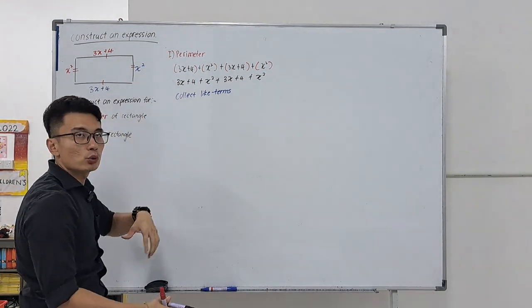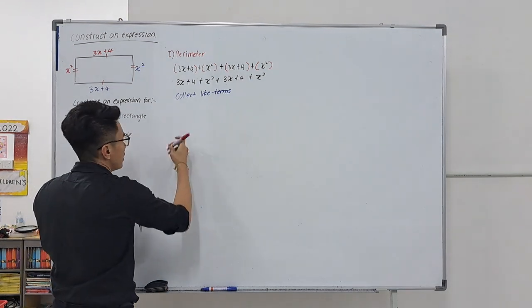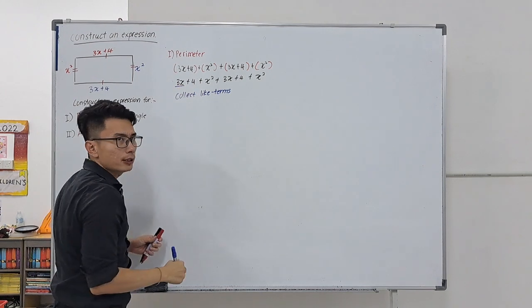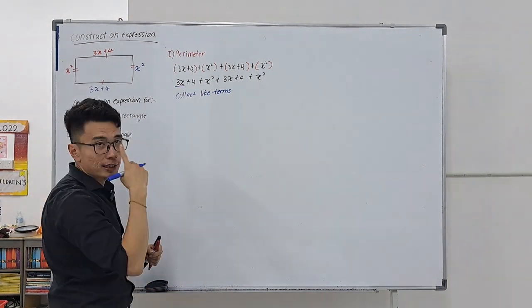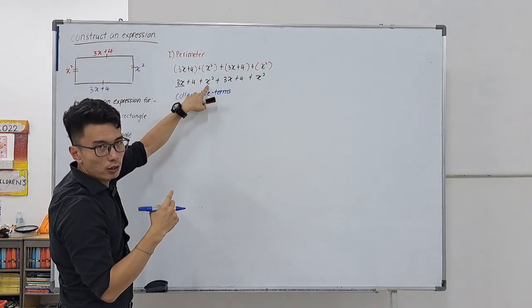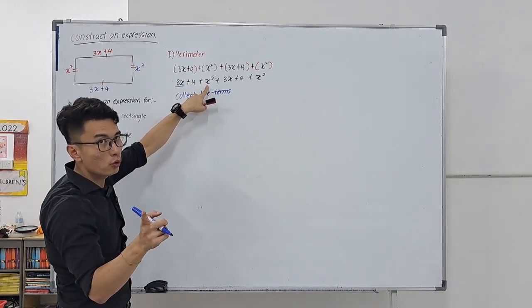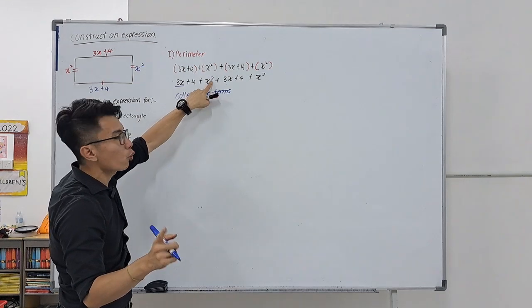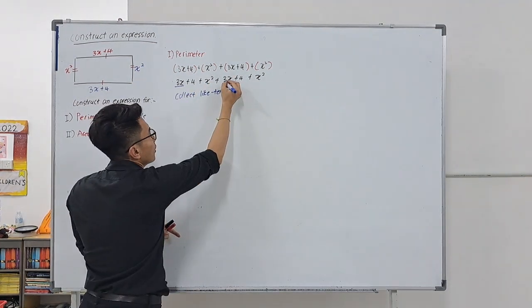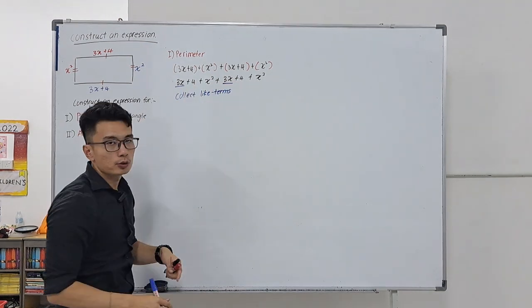So what family do we have here? We have the x family here. Is there another x family you see? No. This one looks familiar, but no, because this belongs to the x squared family. So this and this belong to the same family.